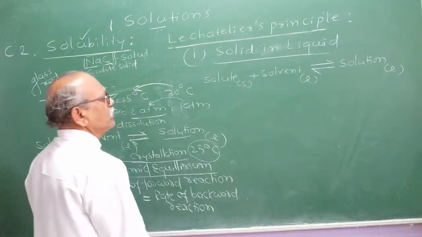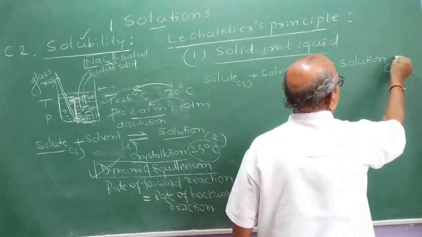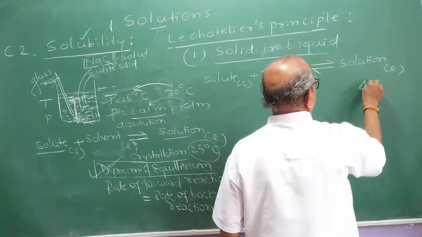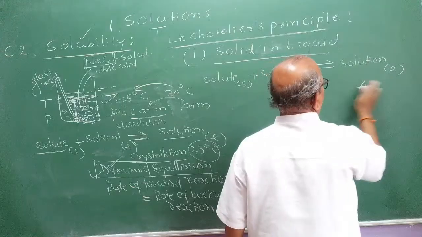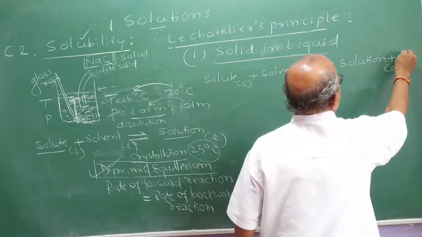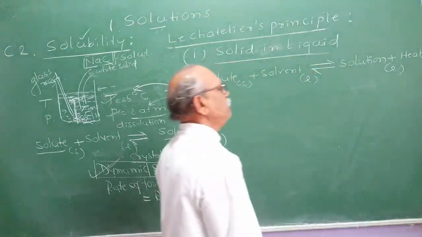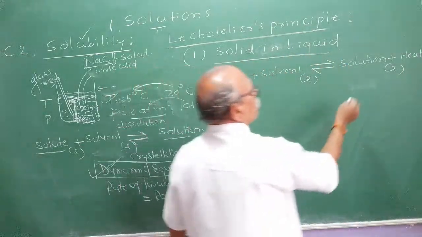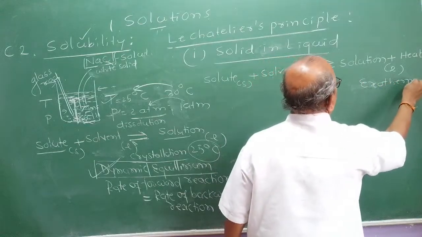Suppose that this particular forward reaction is endothermic, means enthalpy of heat of the products, or it is having plus heat. Whenever you write plus heat on the product side, it is exothermic.